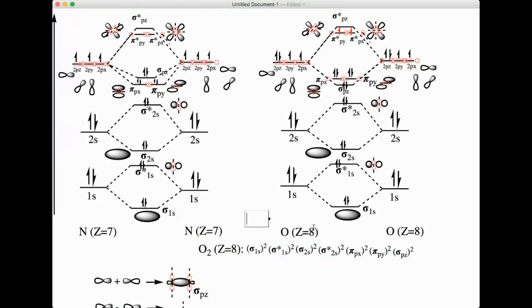Now we have the order here change, right? So now we have sigma pz2, pi py and px2.